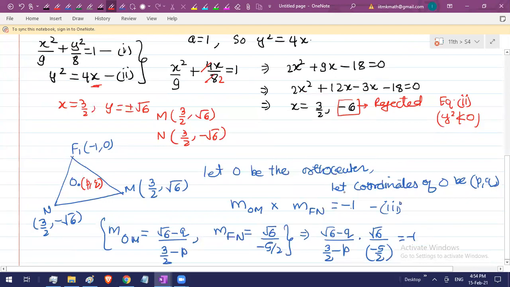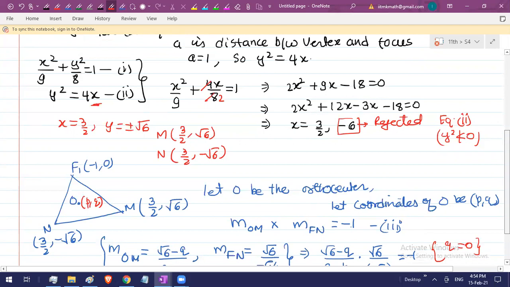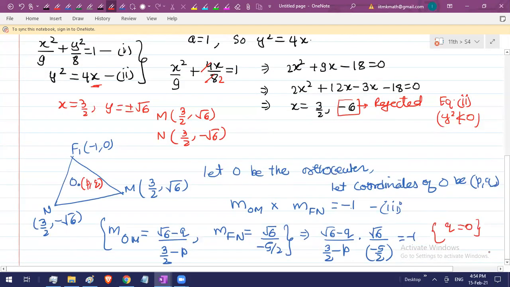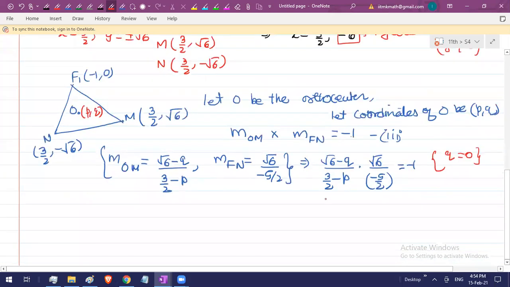So that implies that Q is 0. Then this is a linear equation in P only, and you can calculate P and you will get minus 9 by 10.